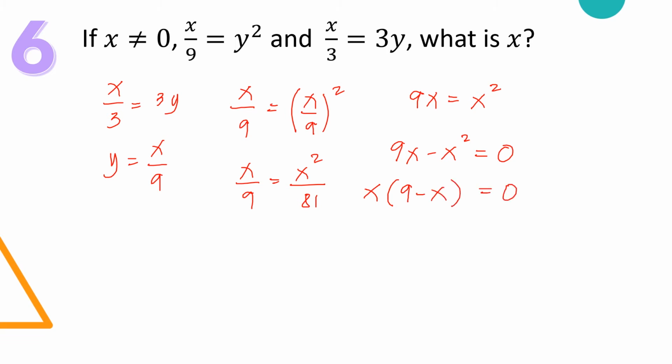By zero property of multiplication, we'll have x equals 0 or 9 minus x equals 0. Adding x to both sides, we'll have x is equal to 9. And since x is not equal to 0, we have x is equal to 9.